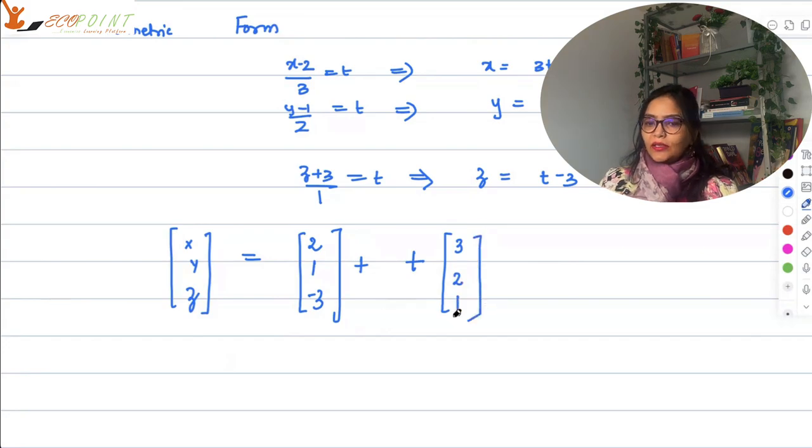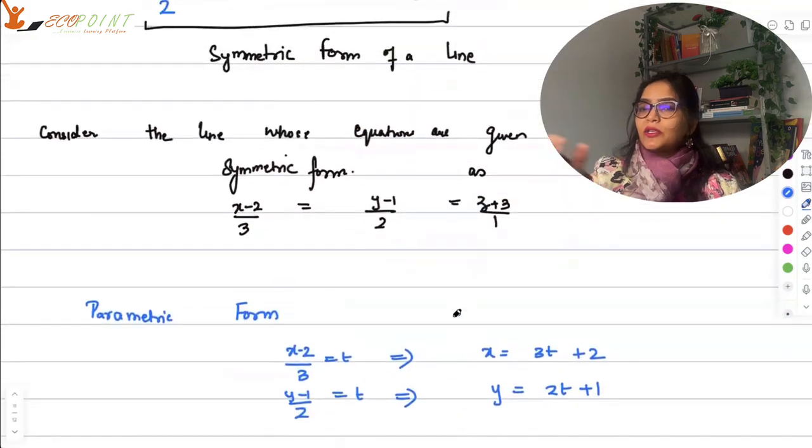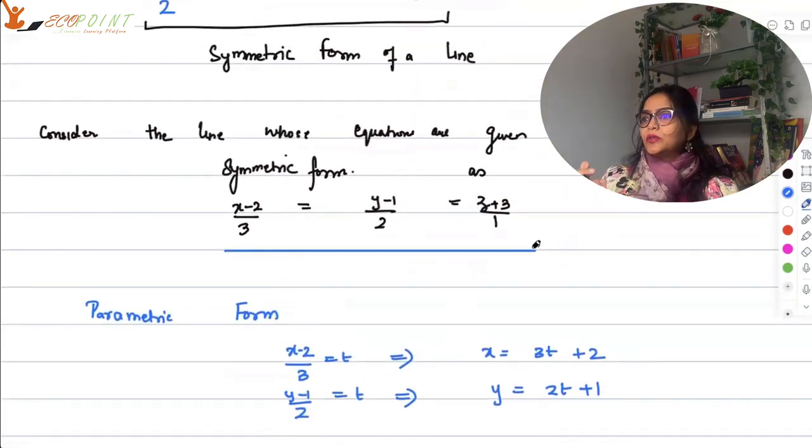This is the vector equation of the same line which has the symmetric form given to you like this. That's the relationship between the two. You should know how to represent any given line in symmetric form and parametric form. Thank you very much.